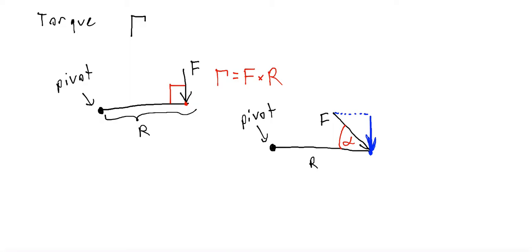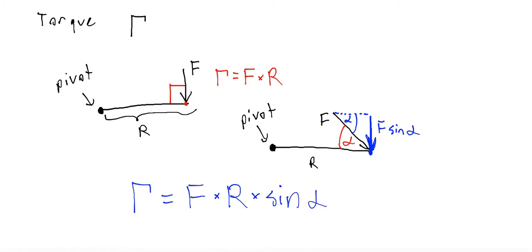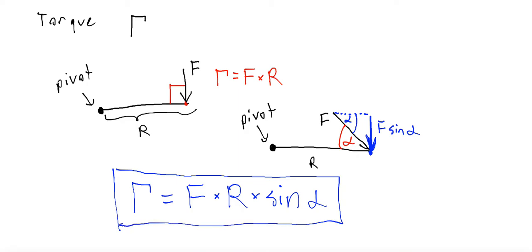So what is the length of this arrow? Of course, the angle alpha is also here, and this arrow can be written as F, the hypotenuse, times sine of the angle. So finally you can define torque as the product of force times displacement times the sine of the angle between the direction of force and the direction of displacement.